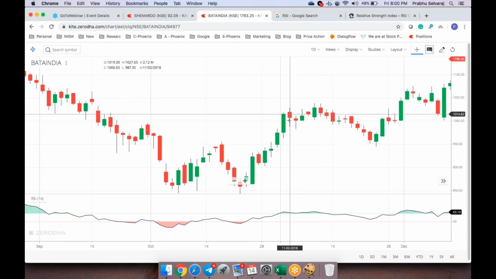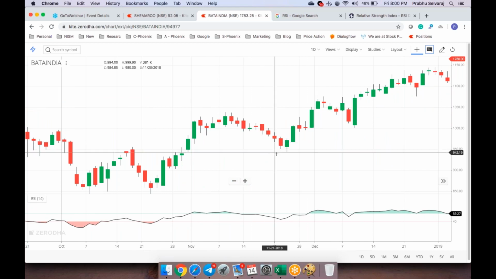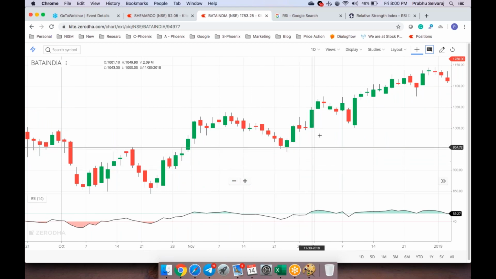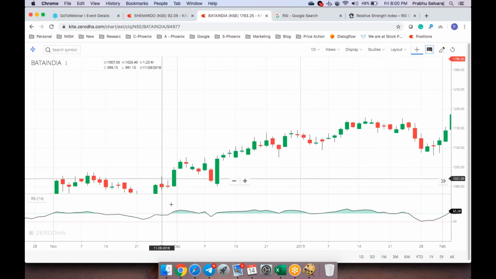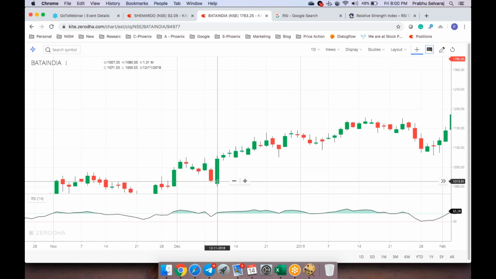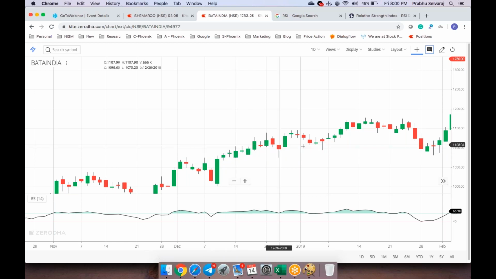The stock has given multiple opportunities for you to book profits and exit. Again it came down. Again here, one short entry I will not take because there is no trade. So my entry comes only here, after a big bullish candle and multiple dojis. RSI is not breaking below 60. That is a confirmation for me to go long.